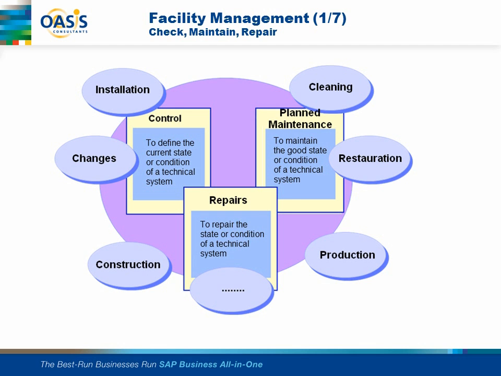A floor or a building or a room has to be refurbished. Sometimes we do some production in those rooms, or we have construction activities, for example, changing a wall or changing a roof. We have different installations. For example, in a room you can install a beamer. So those kinds of activities are comprised in the facility management solution.